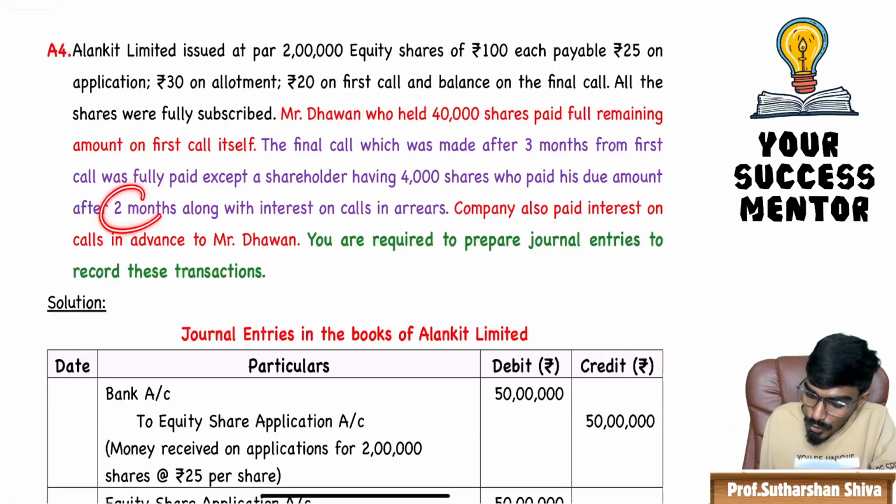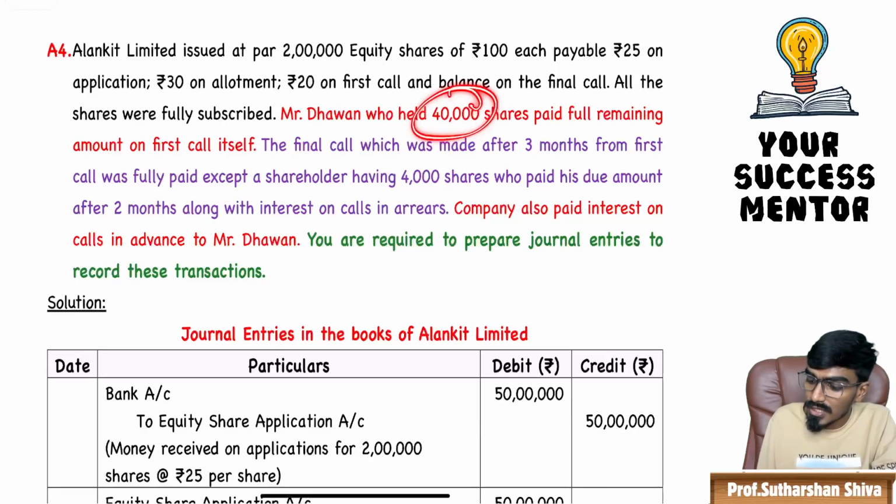But after 2 months, he voluntarily comes and pays his dues along with interest on calls in arrear. Here, interest is to be calculated at 10% for how many months? 2 months.